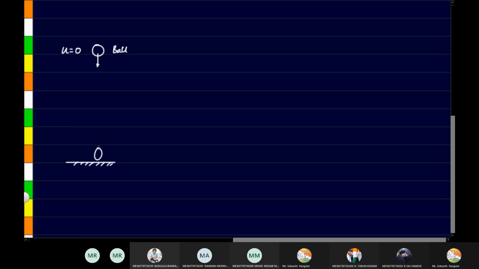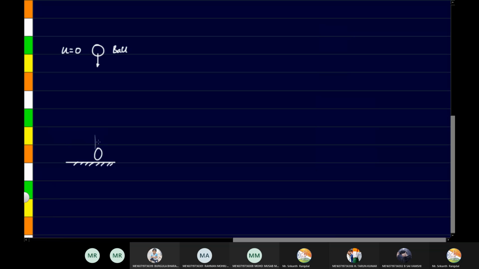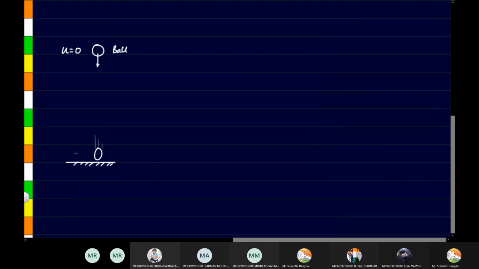And when the ball reaches here, it will be having some final velocity, given as acceleration into time. So this is for downward motion. Let us call this motion 1.